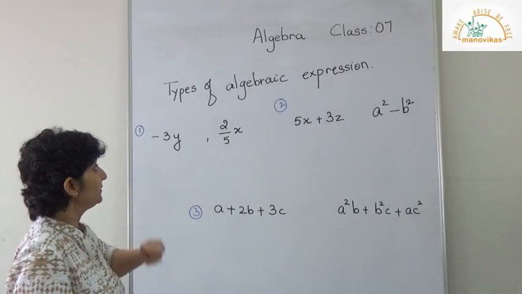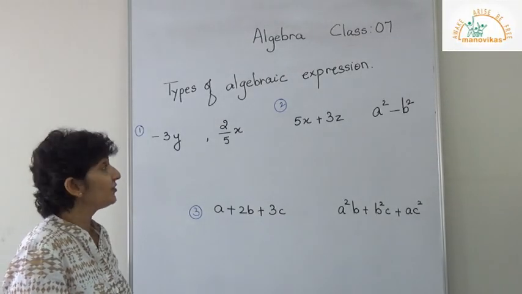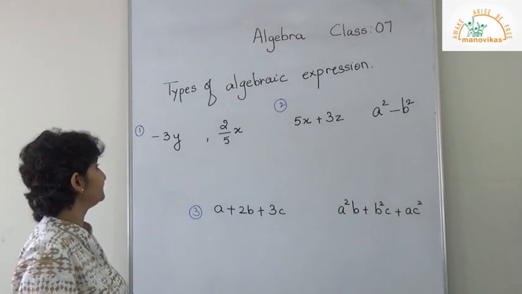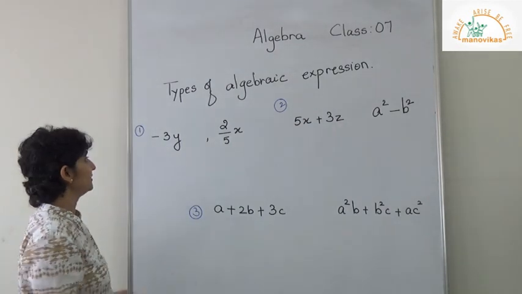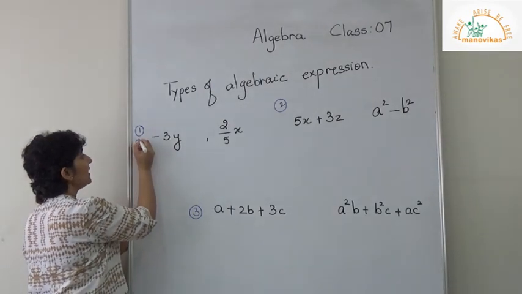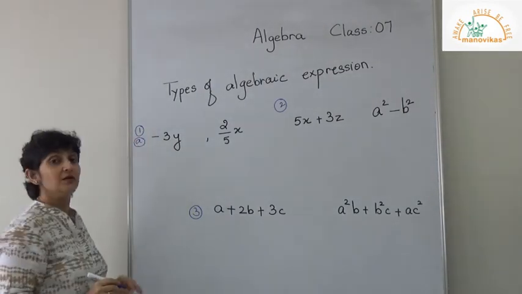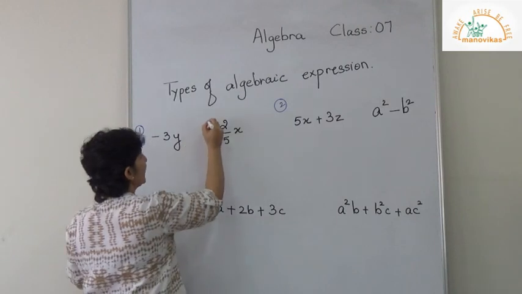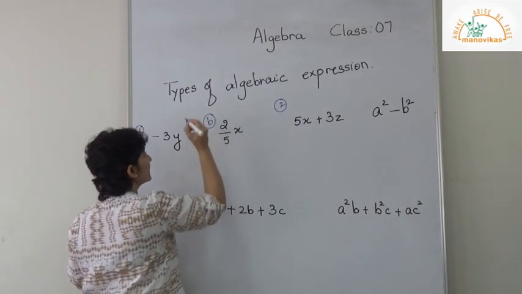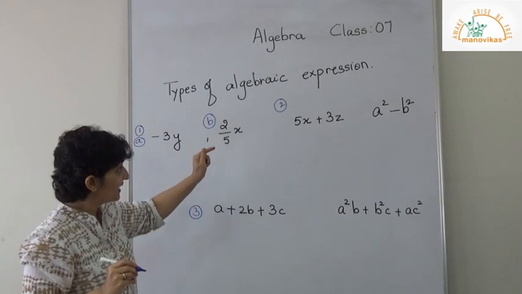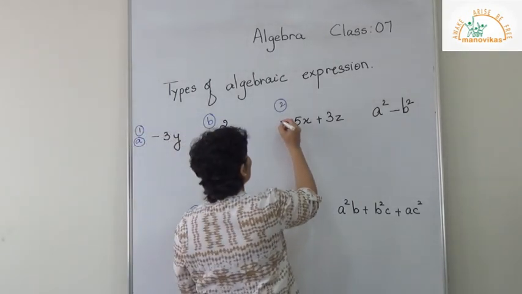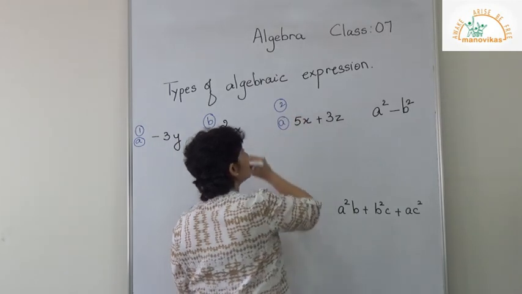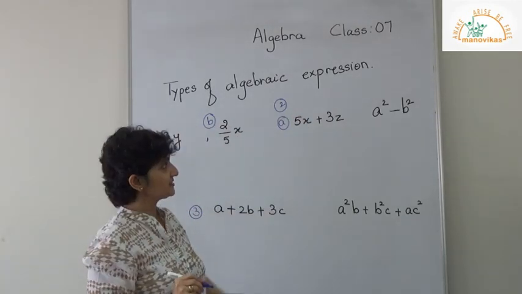Okay, now here with your types of algebraic expression, just read the examples I have written here. I have minus 3y. Here I have 2.5x. Now the second example, I have 5x plus 3z.